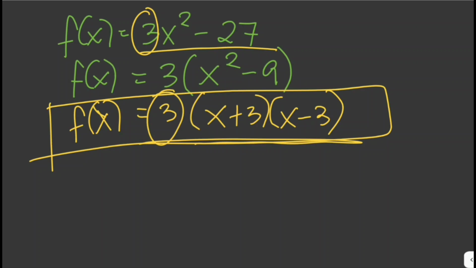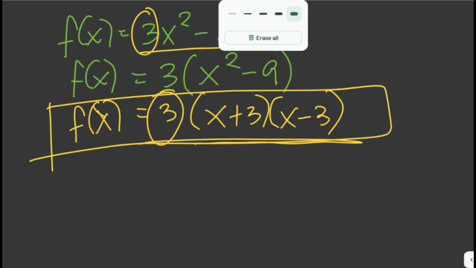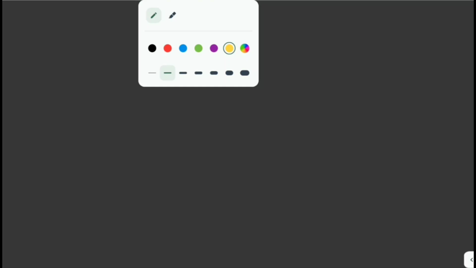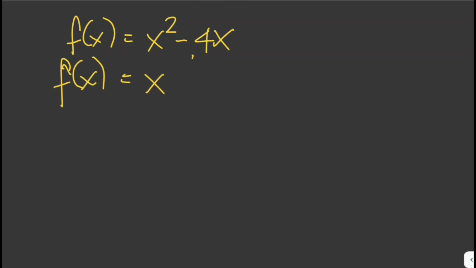Now let's try another problem. Let's say we're given f of x equals x squared minus 4x. Then we can factor out x here. It will be x times x minus 4, and then we equate each of the factors to 0.